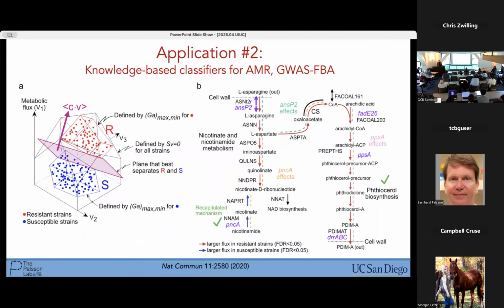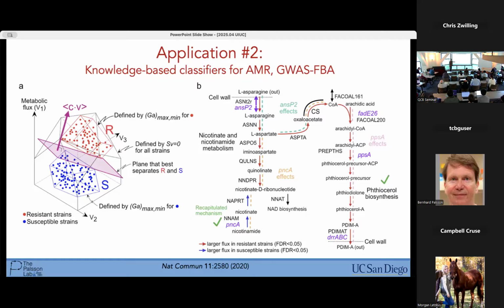And then we can do more sophisticated stuff like this. There is now something called GWAS FBA. Not getting into too much detail here, but we were studying antibiotics, and we had sensitive and resistant strains, and they could be located in a flux space that's shown here. And then we used support vector machines, SVMs, to find the best plane that separated the two points. And that's shown here.